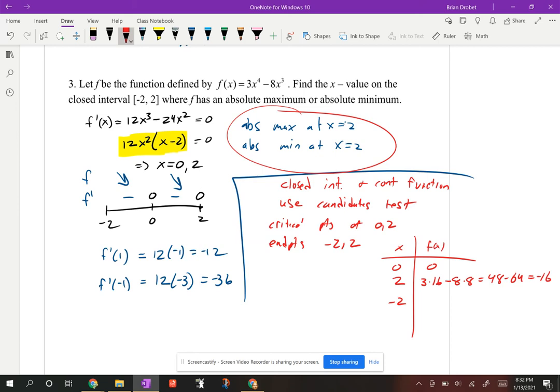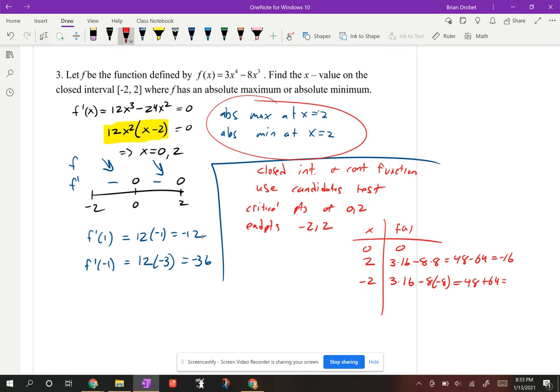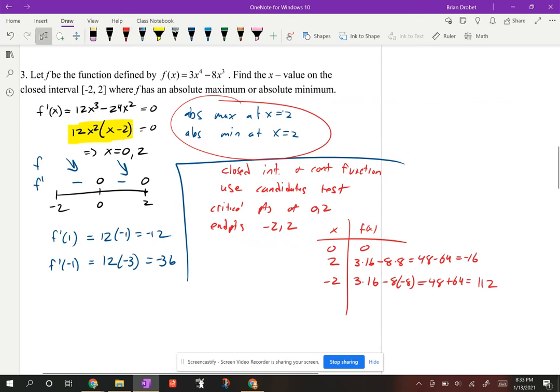And then when I plug -2 in, I'm going to get 3 times 16 minus 8 times -8, which is 48 plus 64, which is 112.